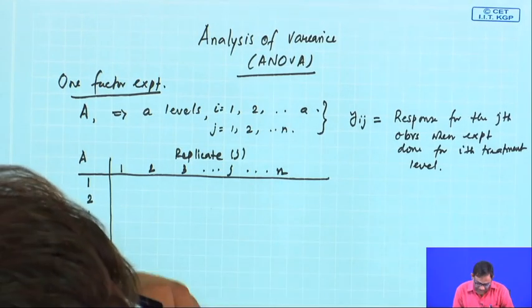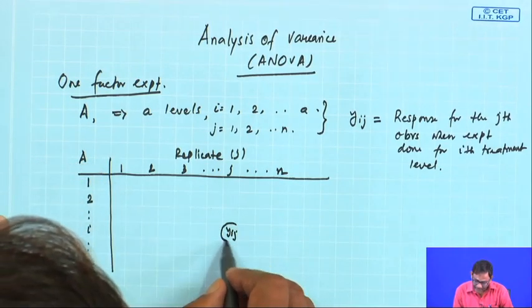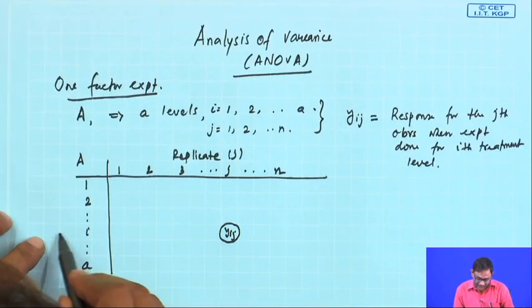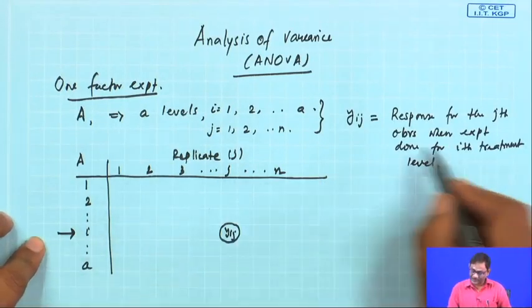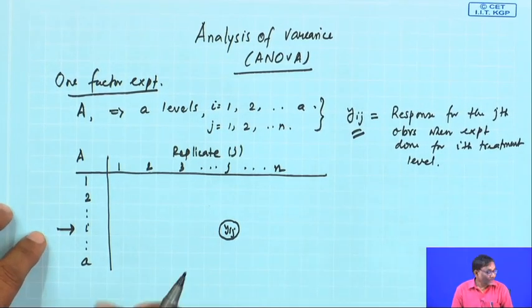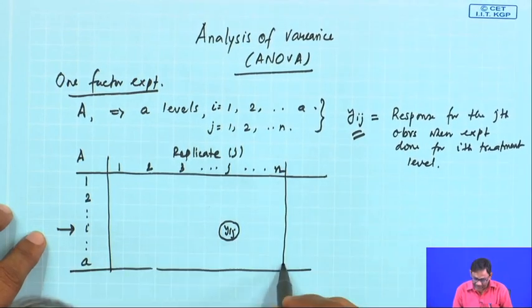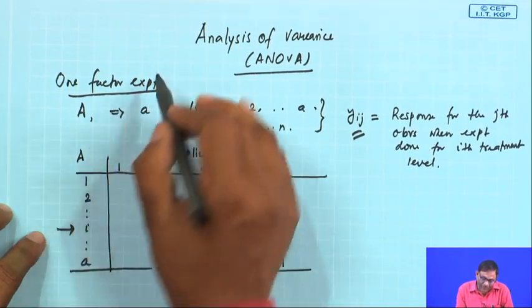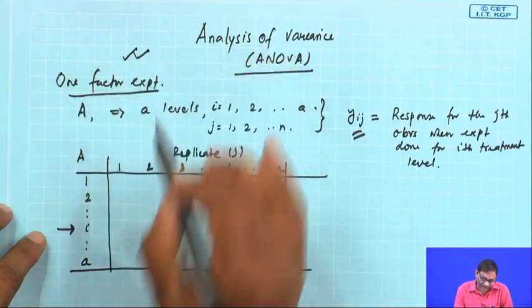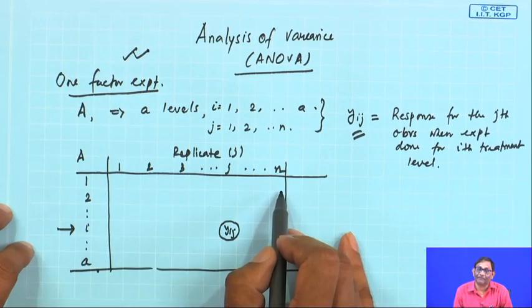Then the general observation is Yij: ith level, jth observation. This is the representation of data when you do an experiment for one factor having a levels, each with n replications.